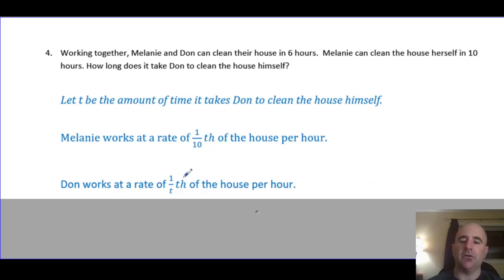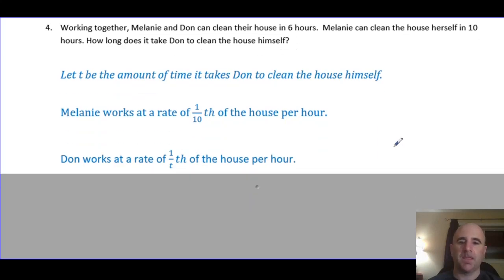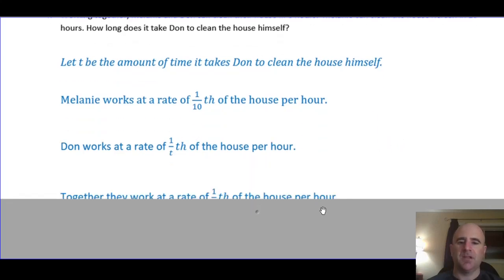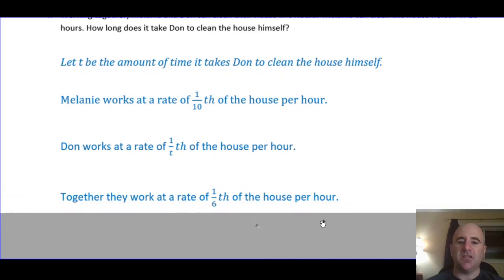So we don't know how long Dawn takes, but if t is the amount of time he takes, like say it would take him 15 hours, then he works at a rate of 1/15 of the house every hour. Together, they work at a rate of 1/6 of the house per hour. So every hour, the two of them clean 1/6 of the house.